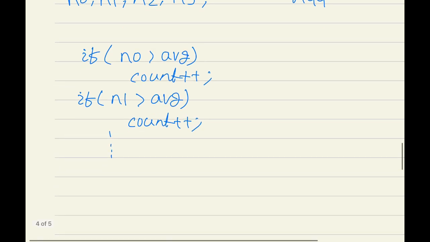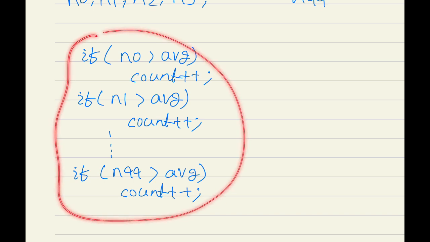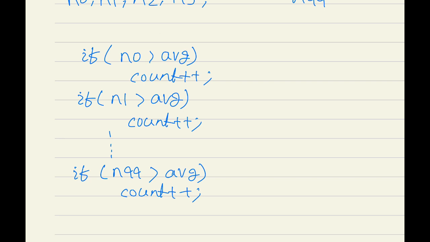In this way we write up to n99: if n99 greater than average, then count plus plus. So here we need to write the identical code 100 times, and we need to manage 100 different variables.